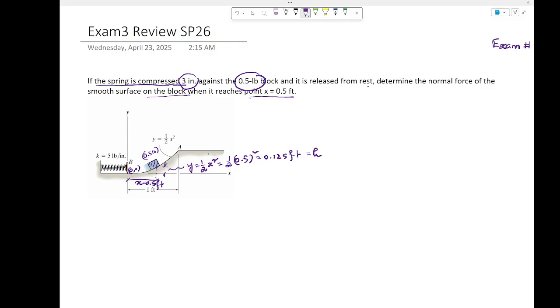So spring potential energy at this point B. Do you guys have any idea?